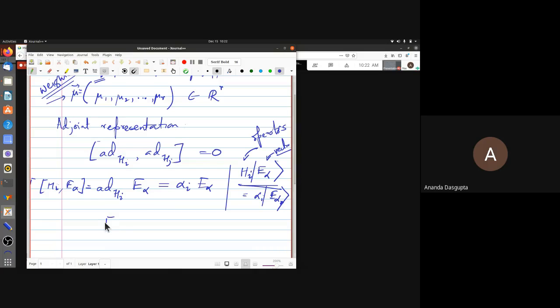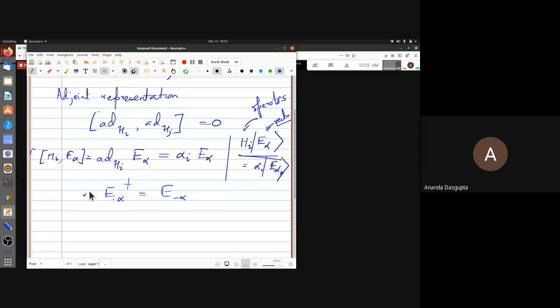So we also saw that E alpha dagger has to be E minus alpha. Well, strictly speaking, it has to be proportional to E minus alpha, right? Because HI acting on E alpha dagger gives minus alpha I E alpha dagger. So E alpha dagger and E minus alpha can at best differ from each other by a multiplying factor. However, we define E minus alpha to be E alpha dagger.